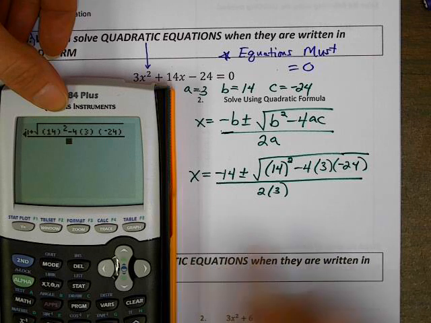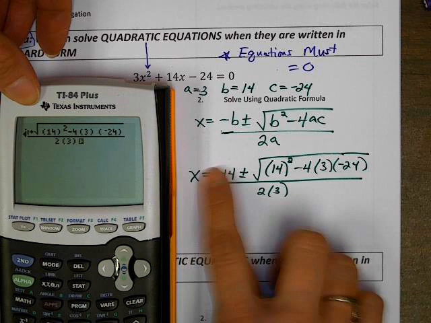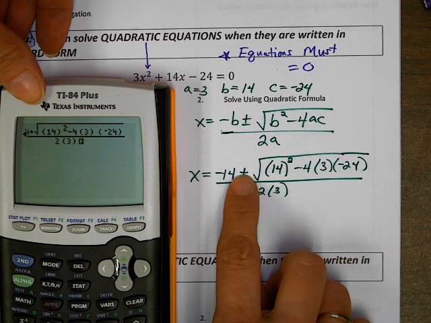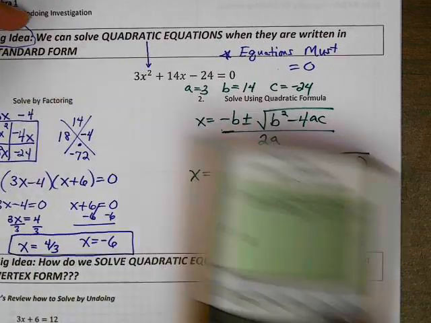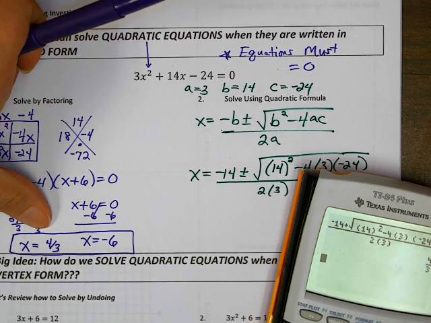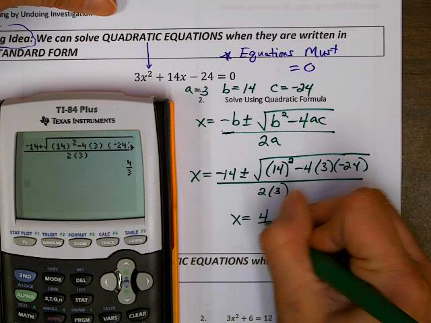And then get down in the denominator for 2 times, I'll use parentheses. Okay, so I typed everything with the plus sign here. And one of my answers is, oh, look at that, 4/3, just like this other answer was. Okay, so my first solution is 4/3.